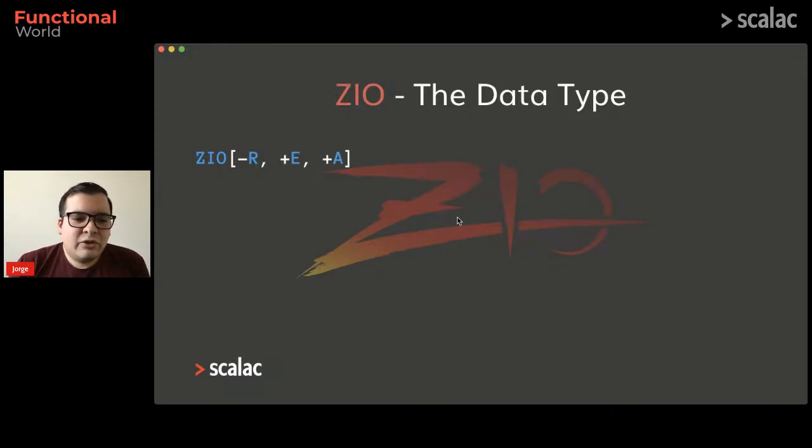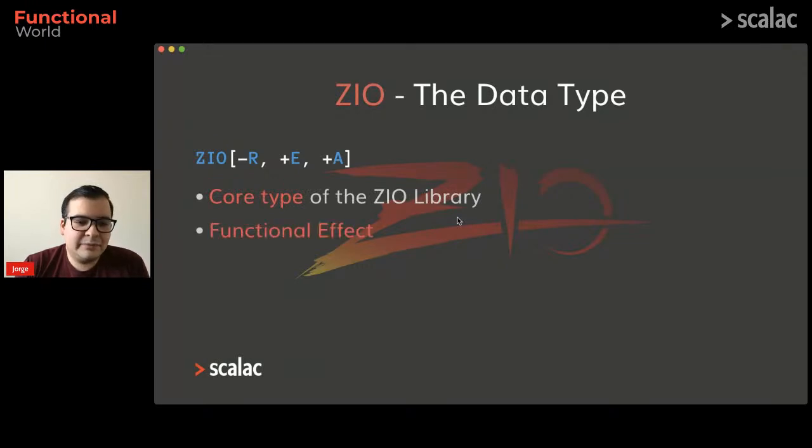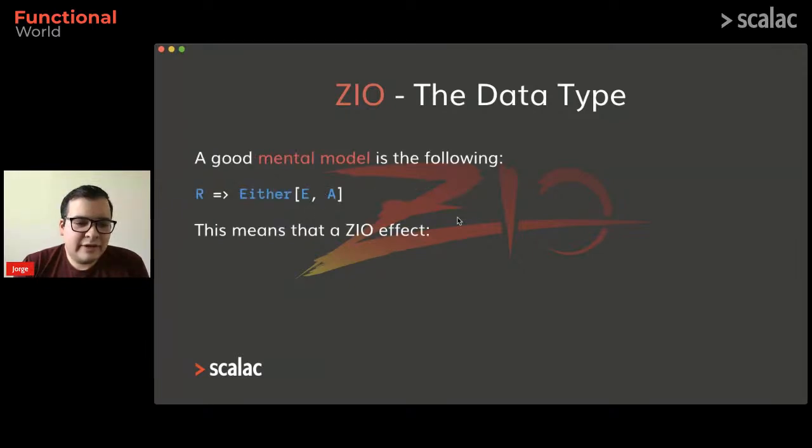Okay, so ZIO, the library, contains a core data type that's also named ZIO. ZIO, the data type, has three type parameters, and it represents a functional effect. With this mental model, you can think of the ZIO data type as a function from a type R that returns an Either of an E or an A. That means a ZIO effect requires an environment of type R to execute.